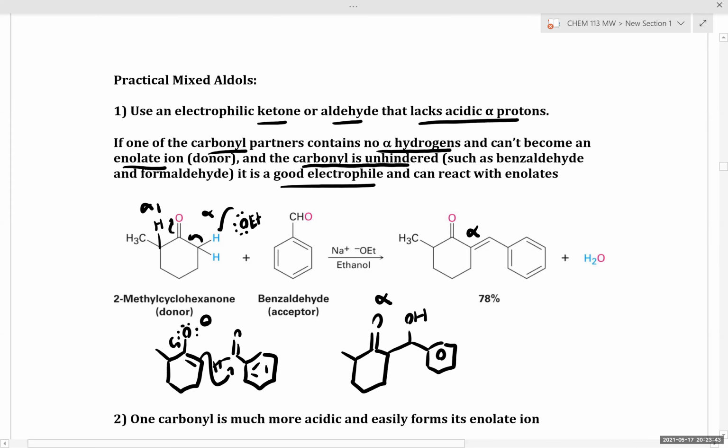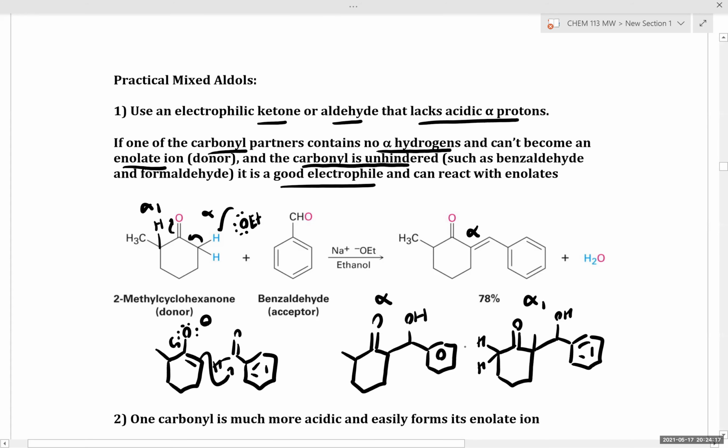And let's think about for a moment why we only see one aldol product. Why do we see only one aldol condensation product? This is a very important idea. So if we think about our two possible aldol products via reaction at position alpha or alpha 1, why is only one of these aldol reactions productive?